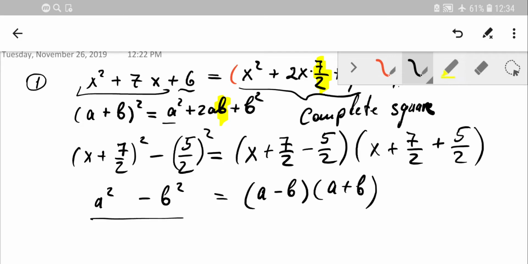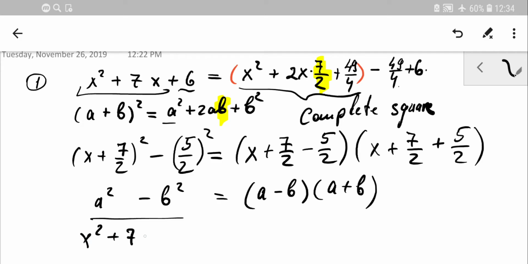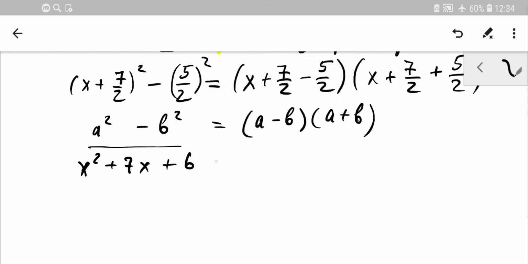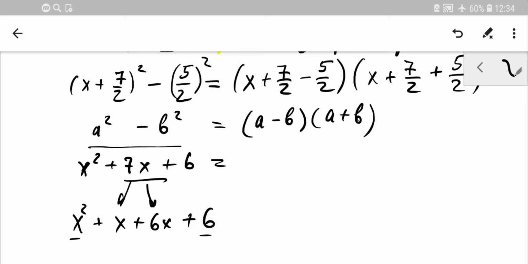Okay? If this expression is equal to 0, you can even solve that. But one more time, attention: never use complete square in order to factorize. In order to factorize, you can use the fast way, either rearranging the middle term. Let me show you quickly. There are two ways actually: rearrange 7x into x and 6x, for example, and then combine with the rest of the terms.